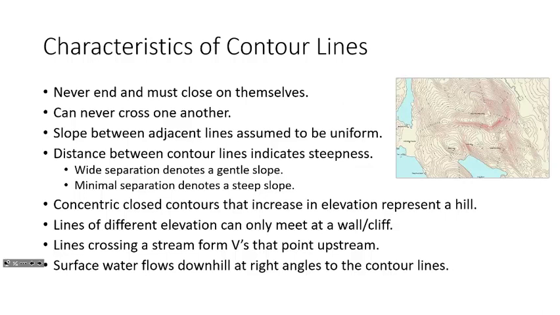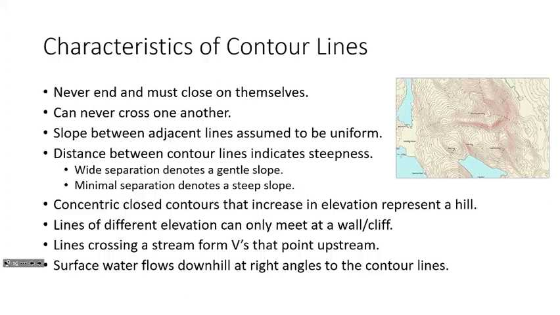Now, if you have lines of different elevation that happen to meet, the only way that can happen in the real world is if you have a cliff or maybe a retaining wall or something like that. If you have lines that form a V that point upstream, those are lines that are crossing a stream or something like that.